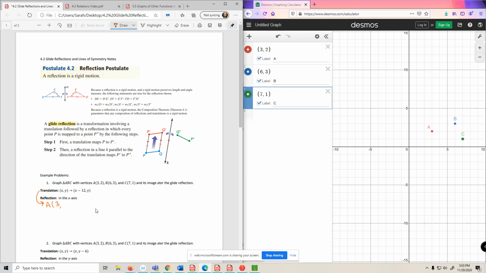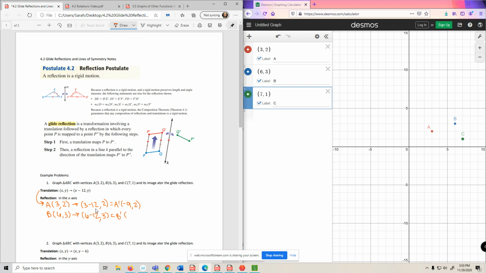So (3, 2) turns into 3 minus 12, since we're taking 12 away from x. And then 2, the y-coordinate, stays the same, which means that A prime is (3 minus 12, which is negative 9), and then 2 stays the same. Let's do that with the other 2 points. (6, 3) is B. I need to subtract 12 from the x-coordinate, keep the y-coordinate the same.